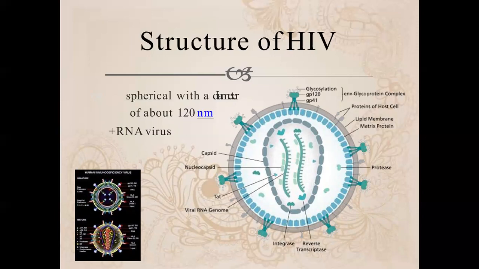Especially, it has an outer envelope, the glycoprotein complex. Then it has proteins of host cells, which it utilizes. Then it has a lipid membrane. After that, it has the viral RNA genome, along with some small particle-like substances called TAT. All of this together is covered by a capsid.